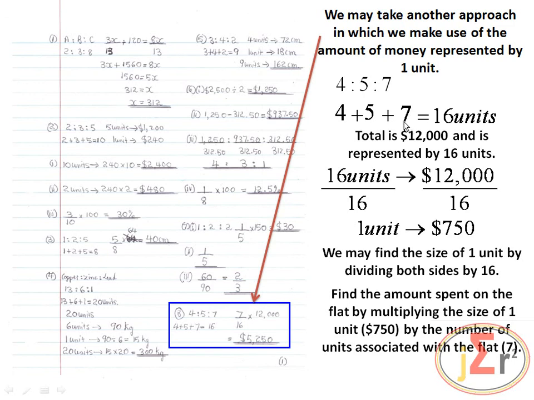What do we multiply by 7? The size of 1 unit. The size of one unit is 750. We have determined that from right here. And the number of units associated with decorating the flat is 7. So 7 times that, and the result is no doubt the same as before.